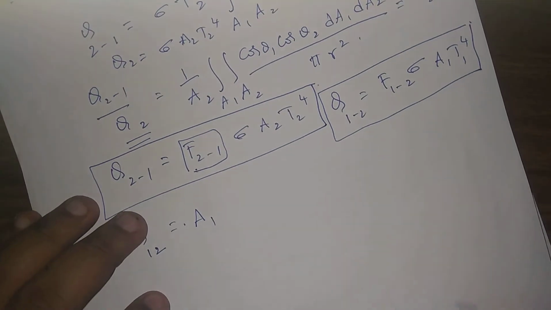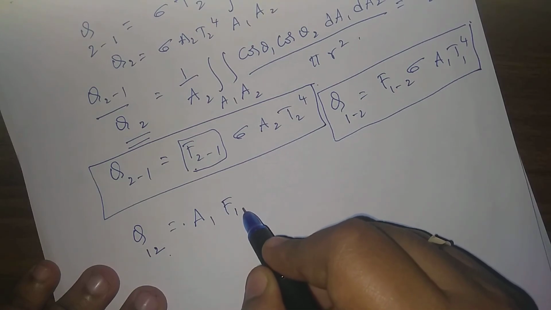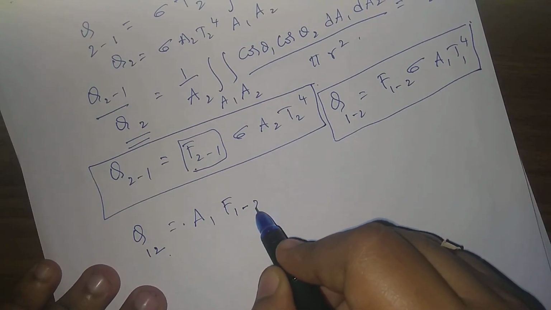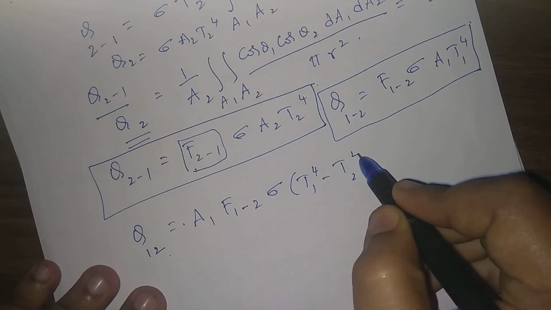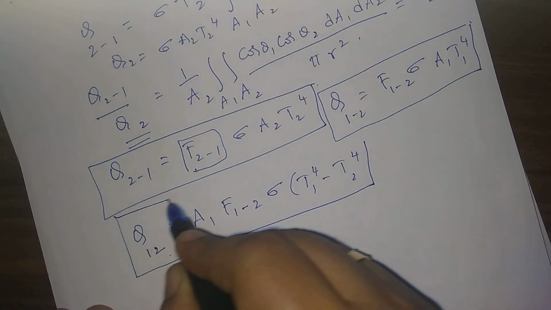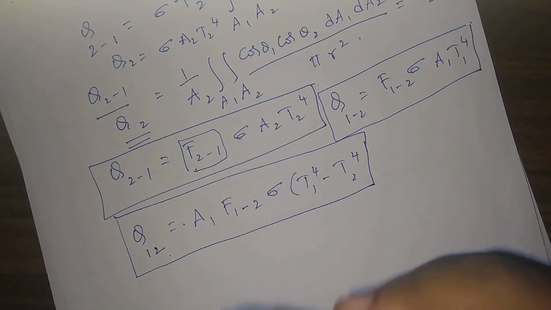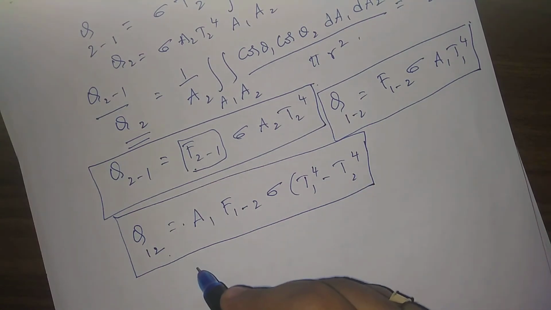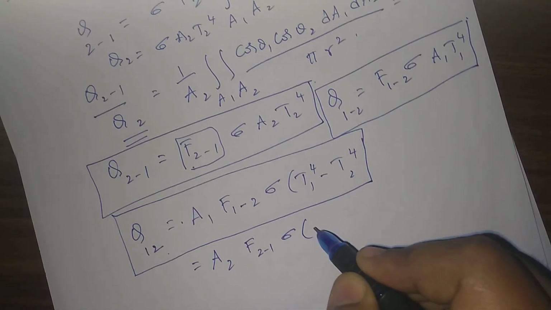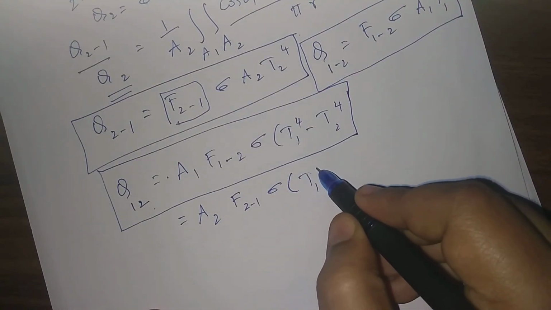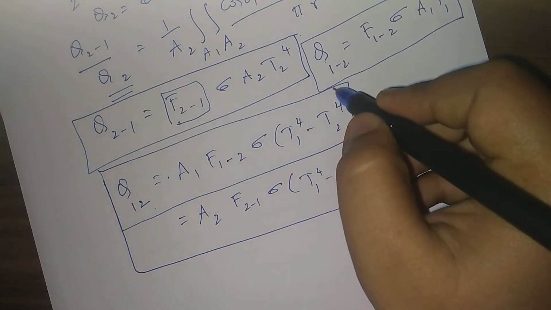So with that I can write Q1→2 is equal to A1 F1→2 sigma of T1 to the power of 4 minus T2 to the power of 4. This is for the net radiation happening between 1 and 2. Or this is also equal to A2 F2→1 sigma T1 to the power of 4 minus T2 to the power of 4. So this is the expression.